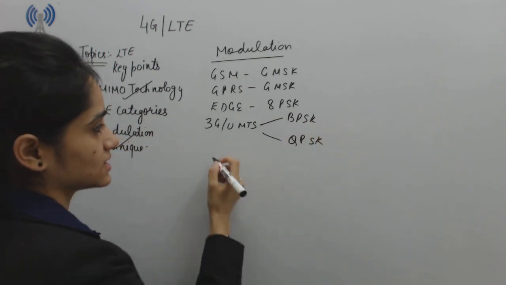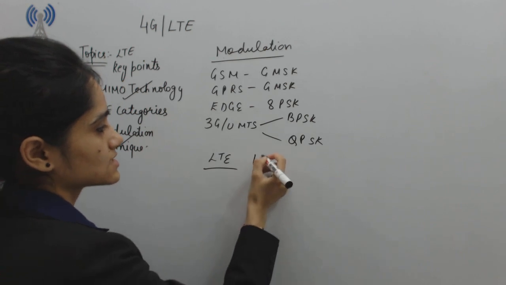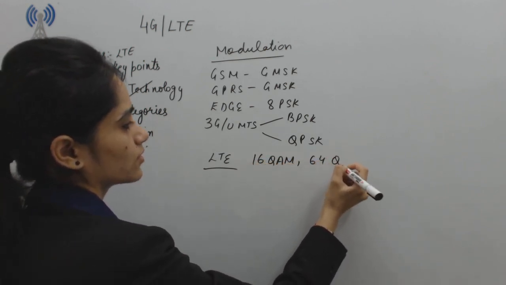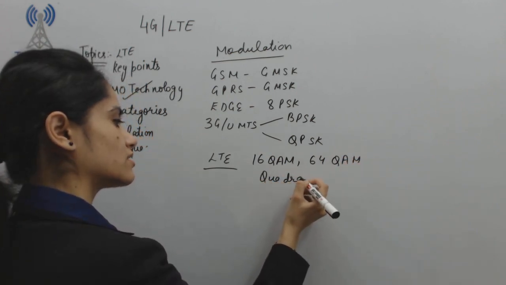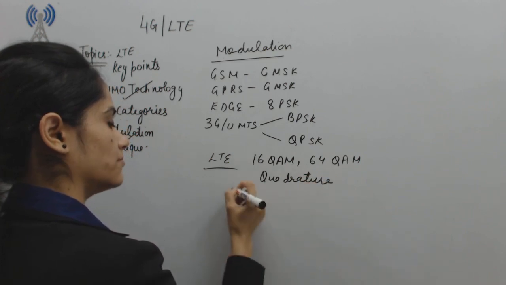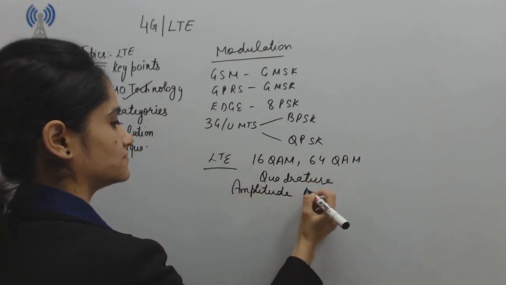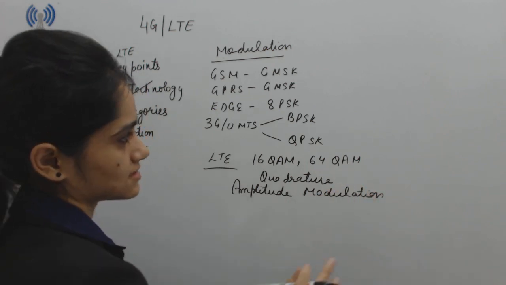Now coming to LTE, what type of modulation will we use here? It is 16 QAM and 64 QAM. That means we are using quadrature amplitude modulation in LTE systems.